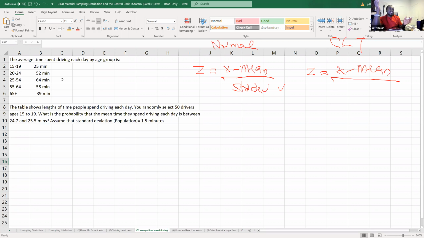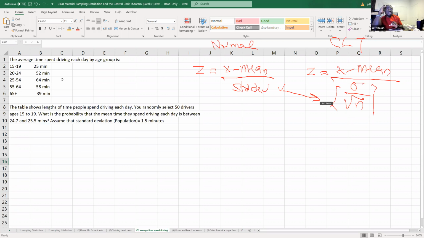Come on, we just did this a few minutes ago. If the question is given for a sampling distribution, what's the formula for its standard deviation? All right, that will be standard deviation over the square root of n.